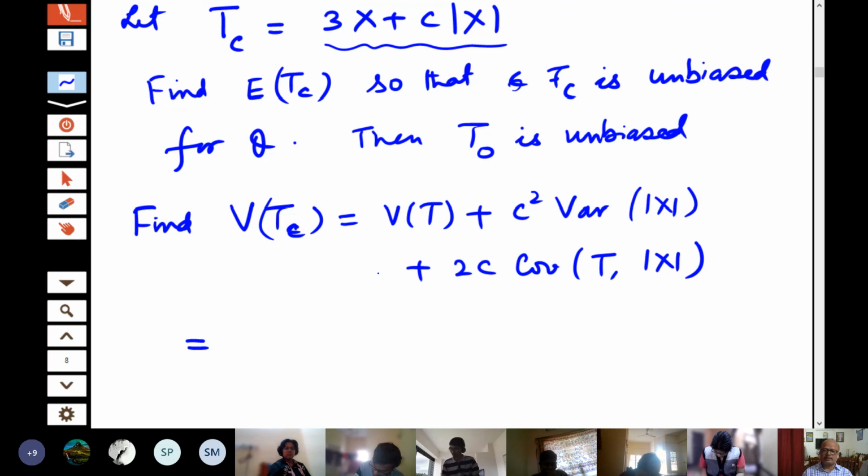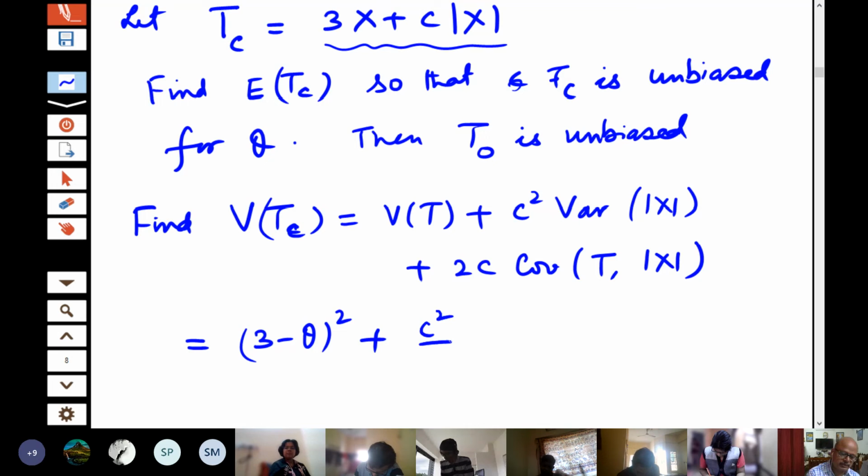Variance of x you have calculated as 3 minus theta square by 9, isn't it? So variance of T, that is 9 times variance of x, is simply 3 minus theta square. And variance of mod x you have written. What was variance of mod x? 1 by 12.